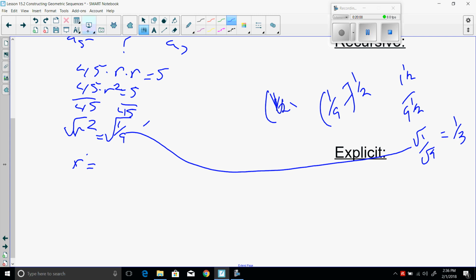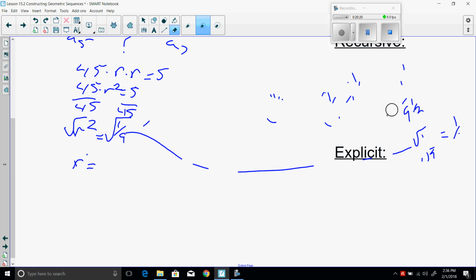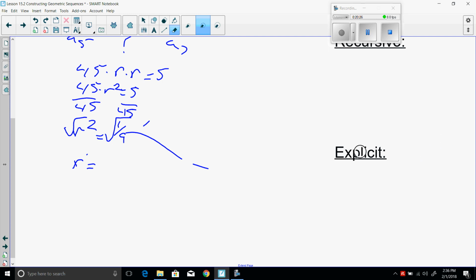So let me get rid of all of that stuff quickly, because our common ratio... Okay, hold on. Erase, erase. All right. So my common ratio, what do we say it was? And all the people said 1/3, right?